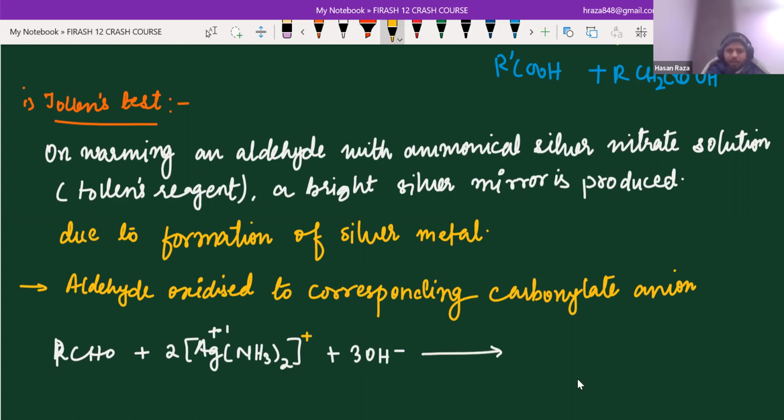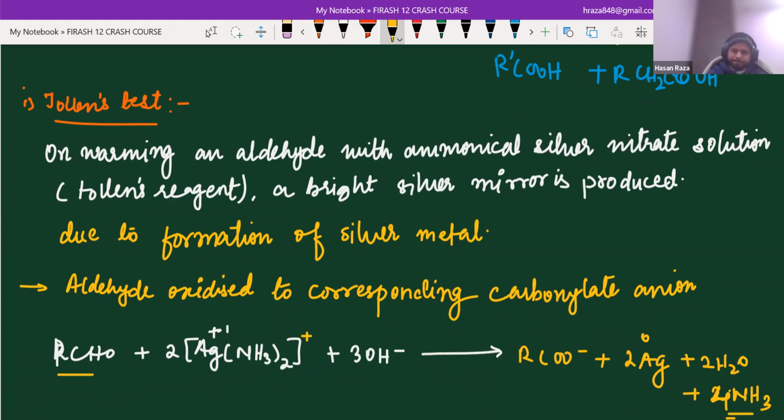So oxidation state +1, and this RCHO will be oxidized into carboxylate anion, and this Ag, you can see the oxidation state is now 0, so it is reduced, along with formation of H2O and 4NH3. So basically this Tollens test is because of this Tollens reagent, ammoniacal silver nitrate.